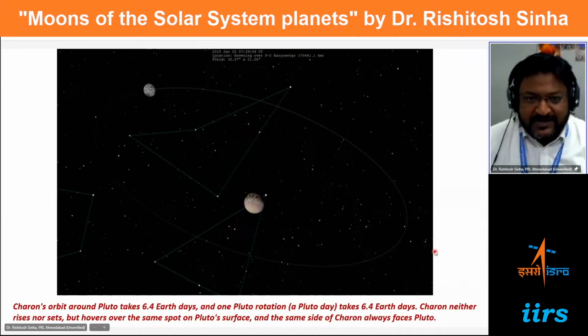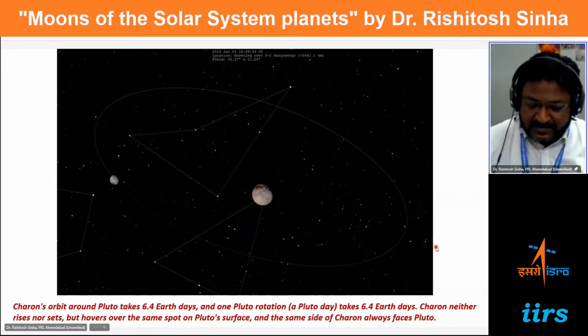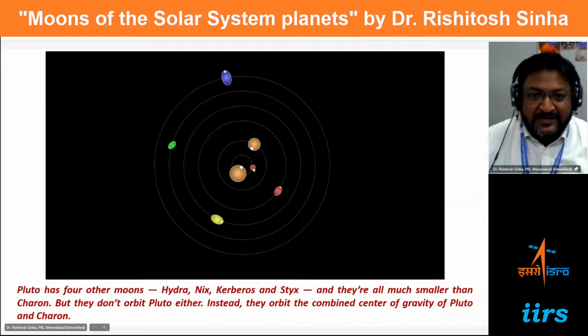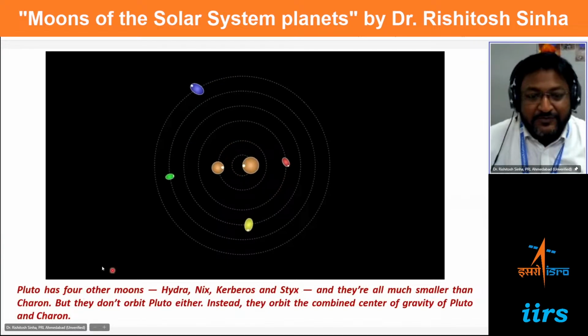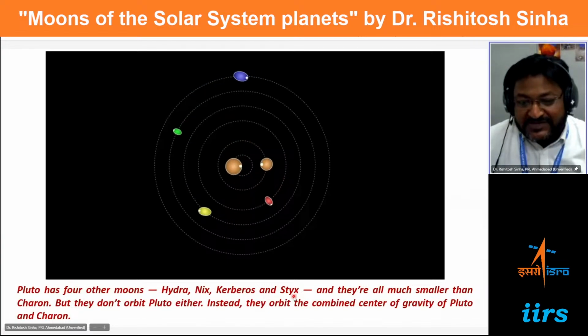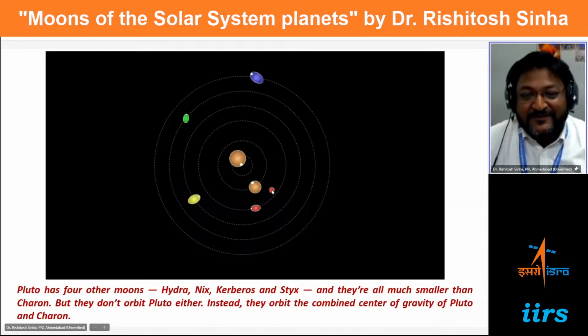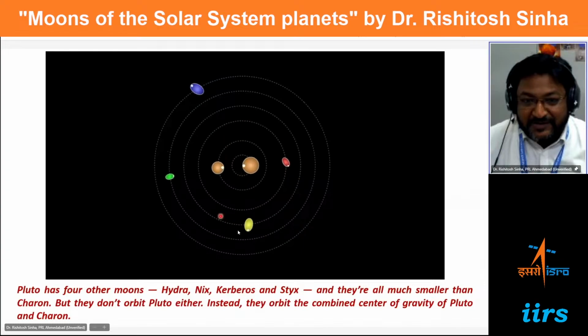This is just another example which signifies the binary system of planets. And you see the other moons: it has 4 other moons, Hydra, Nix, Kerberos, and Styx. These moons are also not simply rotating, but rotating around the gravitational point between these two bodies.